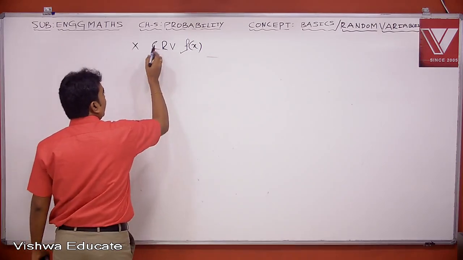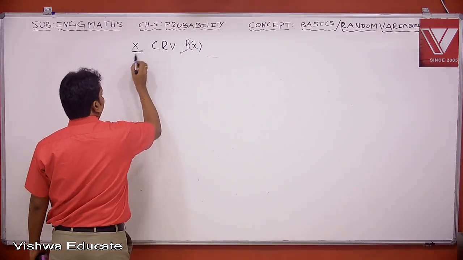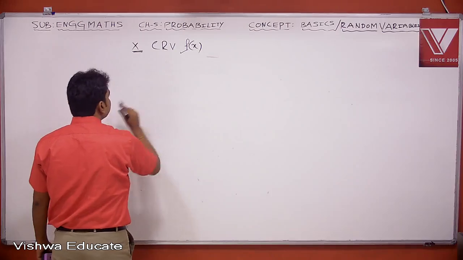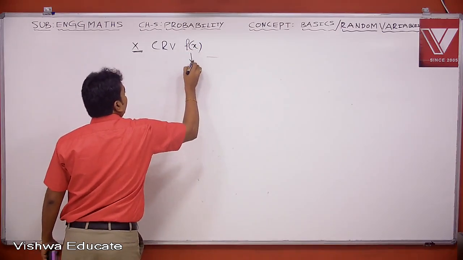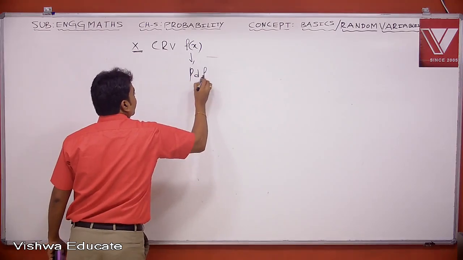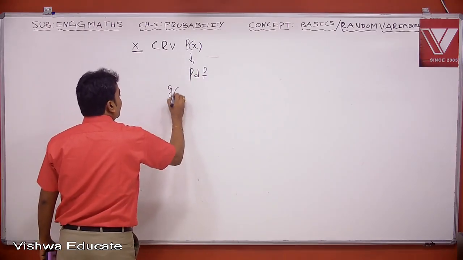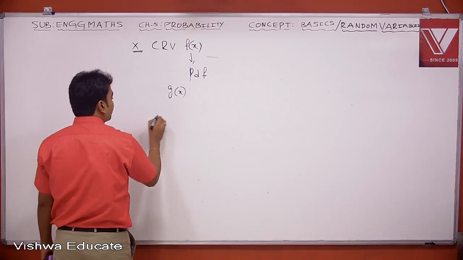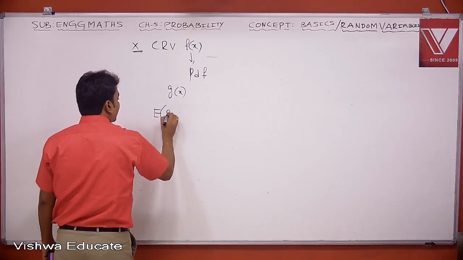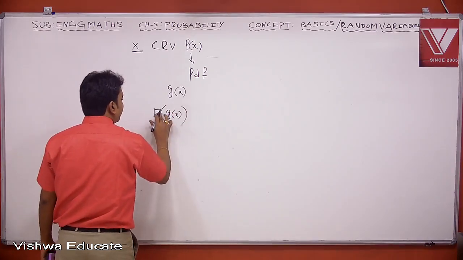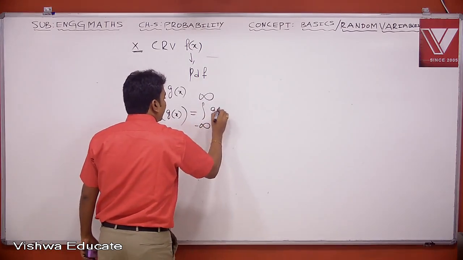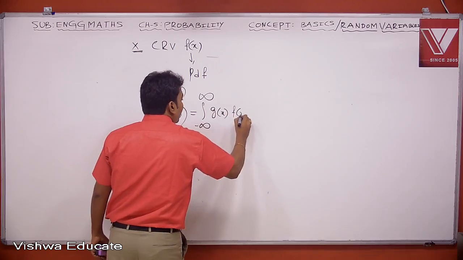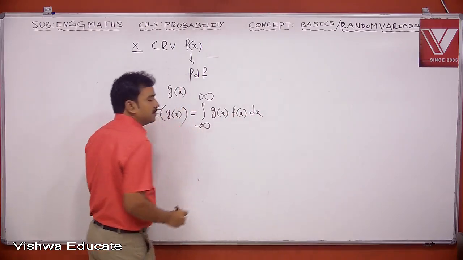One more point on continuous random variables. Suppose x is a CRV with a PDF f of x, and g of x is any function in terms of x. Then expectation of g of x is given by integral minus infinity to plus infinity g of x into f of x dx.